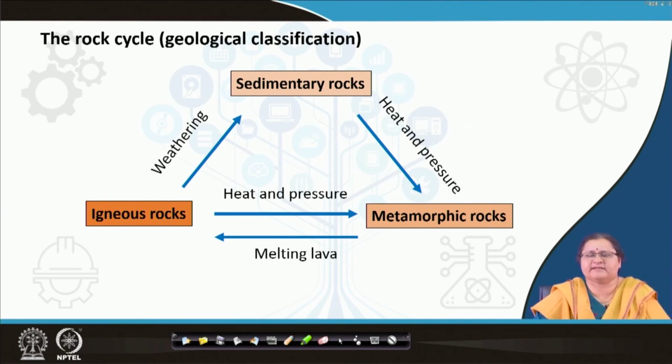And then when it gets weathered, carried in small parts, they keep on sedimenting or getting accumulated. That gives rise to the sedimentary rocks. And when again it is subjected to heat and pressure, they get converted to metamorphic rocks.